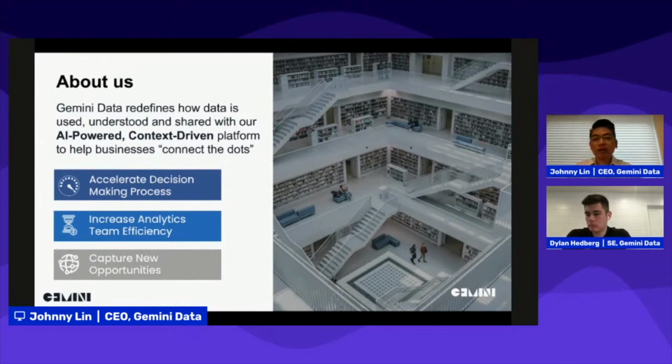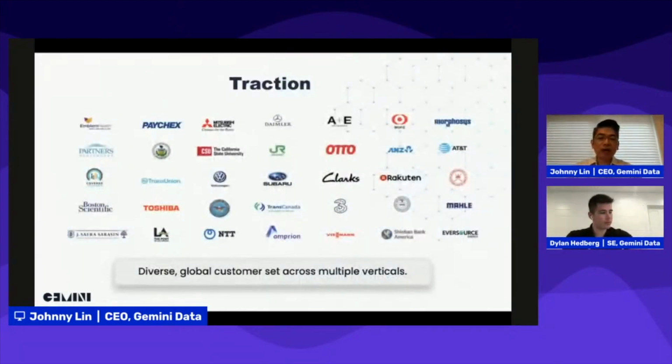That is all based on our AI-powered, context-driven platform that enables businesses to connect the dots for various benefits. Our platform has been used with quite a variety of customers globally. Happy to share some of those examples at a later date if you're interested.